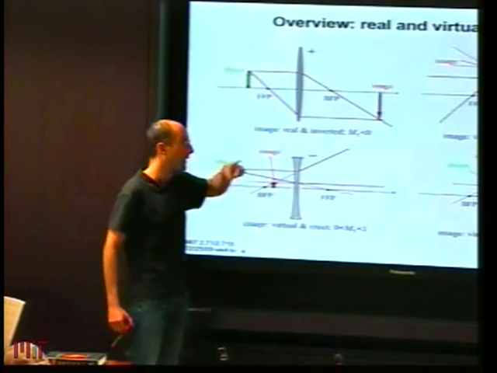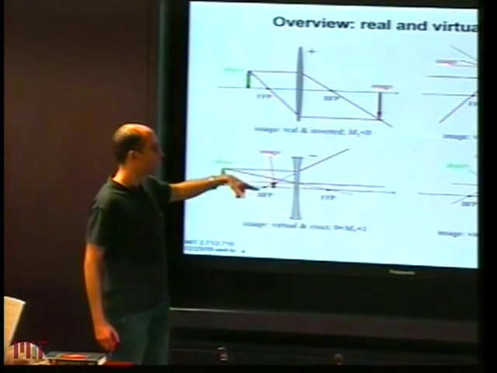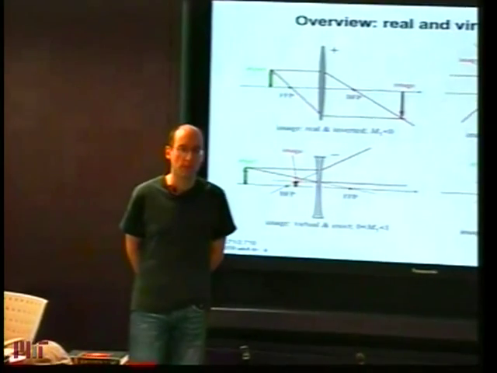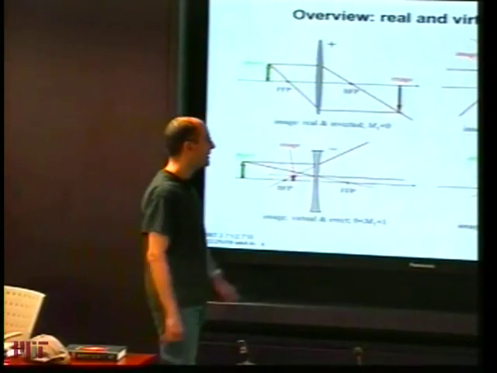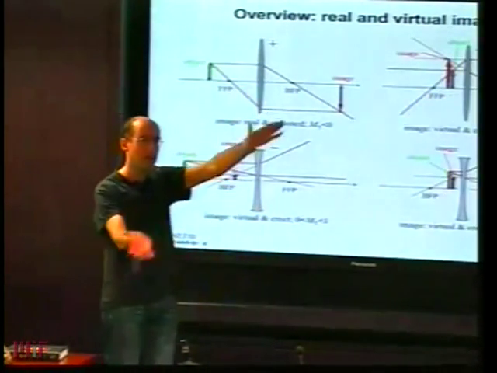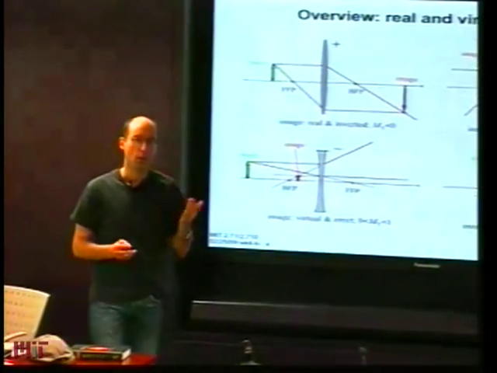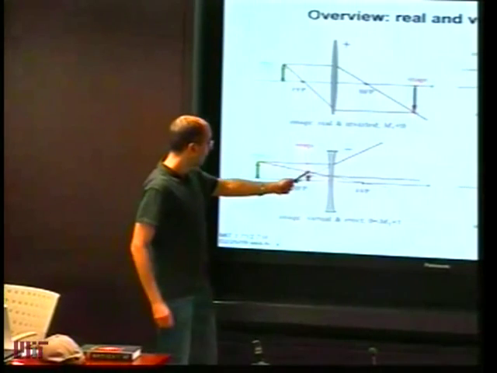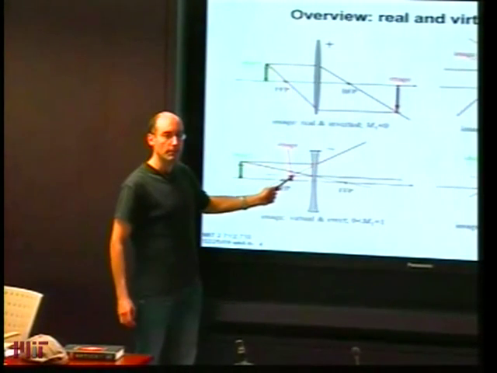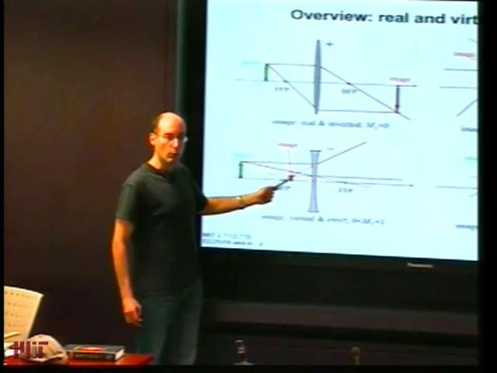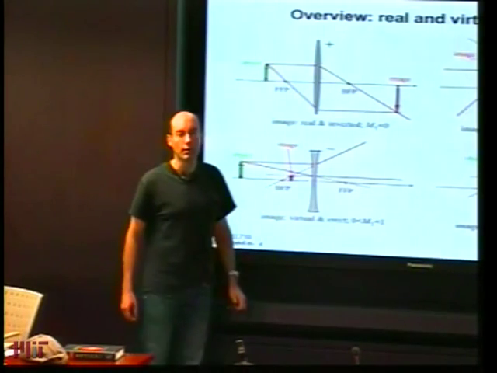That will form a real image. All the other combinations actually form virtual images, which means that what is coming out of the system is a divergent ray bundle. Therefore, they don't really meet, but they do meet if you extend them backwards. And this backwards intersection is what we call the virtual image.